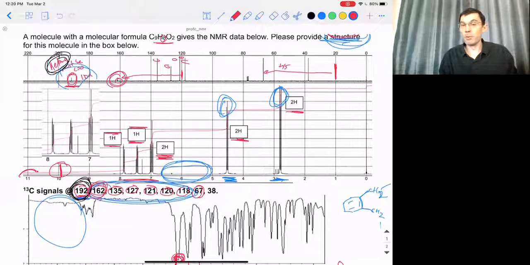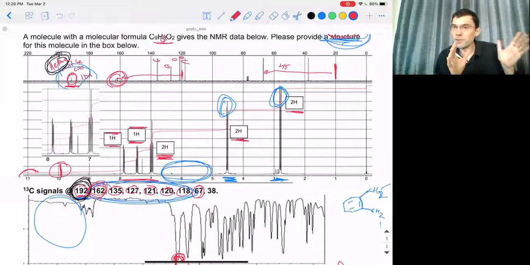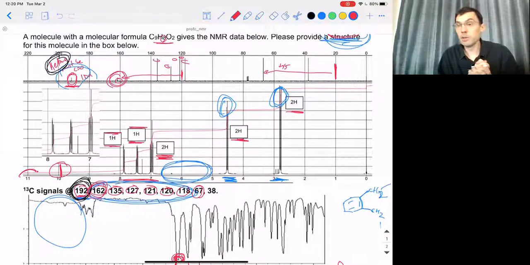And so, by virtue of being directly bound to that oxygen, we see that same dragging down field in the sp2 region, just like we see in the sp3 region. It just has a different starting point. And so those above, probably between about 158 and 165 have a pretty good chance of being directly bound to a heteroatom. And so that's pretty nice.